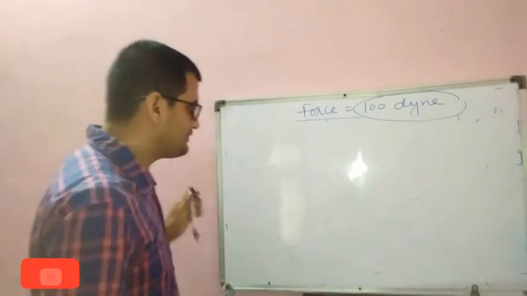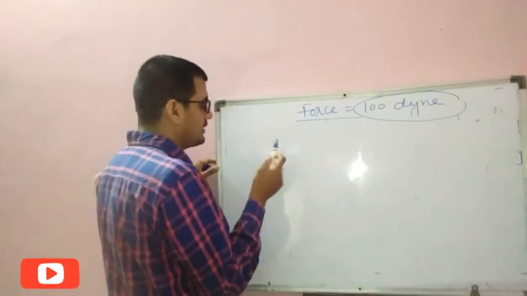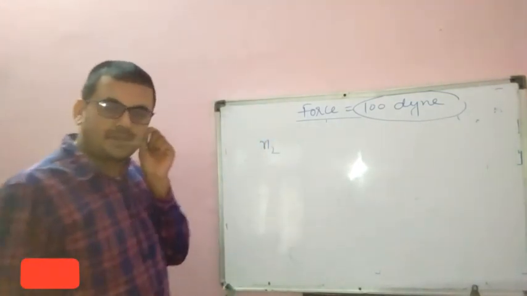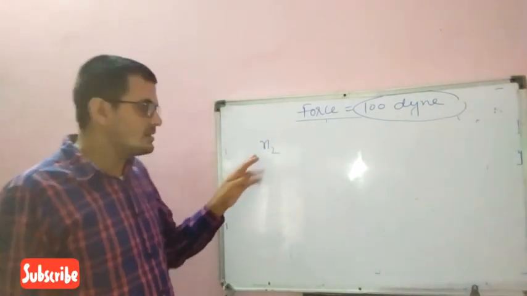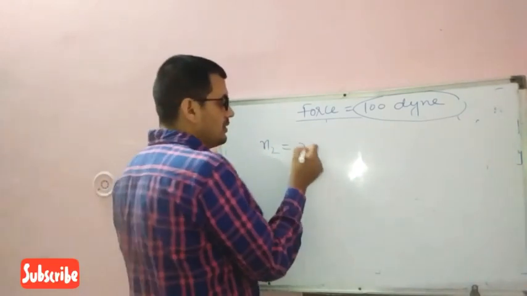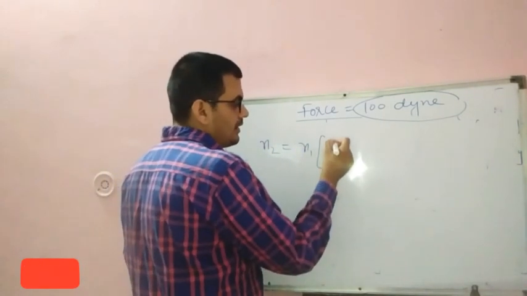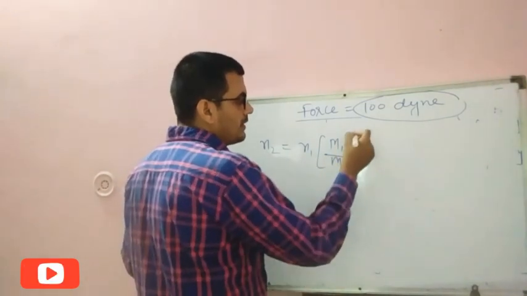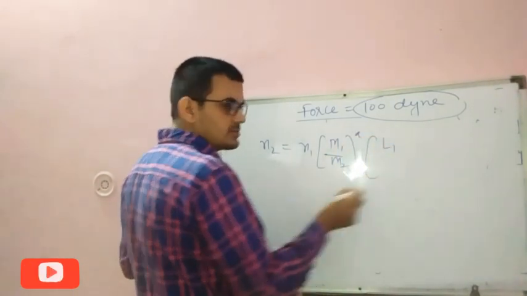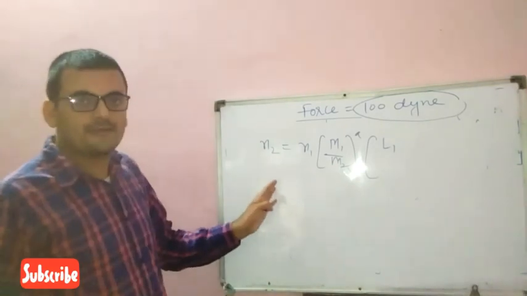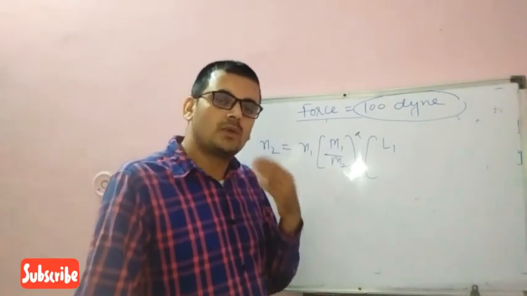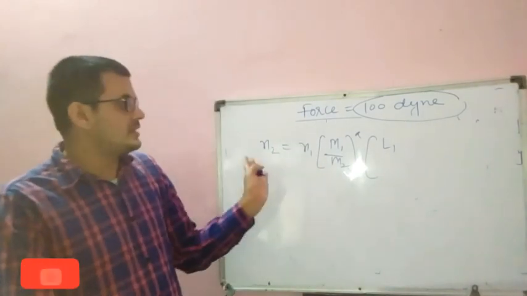Student, I have told you that the numerical value of any physical quantity in any other unit system is found by n2 equals n1 times (M1 over M2) power a. I have solved that derivation. If you don't know, watch my previous video to understand how it came.